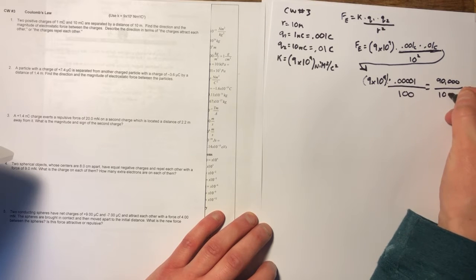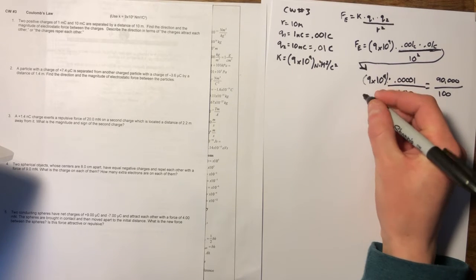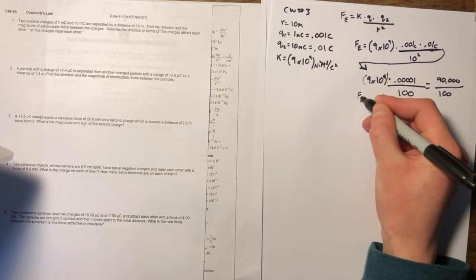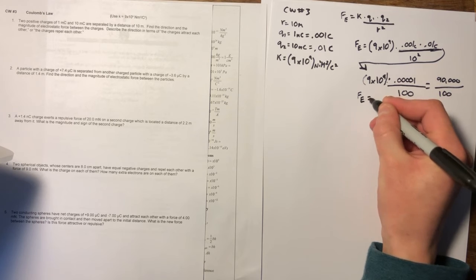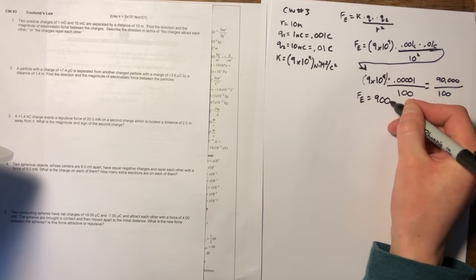And then divide that by 100. And we get the electric force between those two objects equals 900 newtons. 900 newtons, okay?